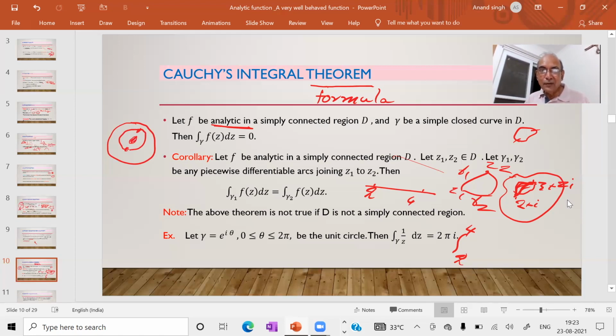In fact, the answer that you know is that for gamma being e raised to i theta, the unit circle, the integration over gamma of 1 over z dz is going to be 2 pi i. So that's the result that we normally get. Of course, that can be further worked out. But for our purpose, for it to be well behaved, I don't want any problem occurring here.